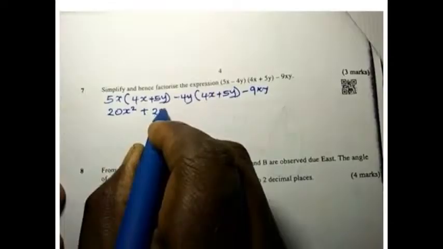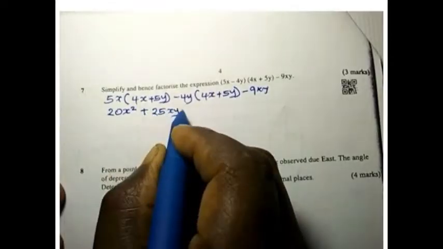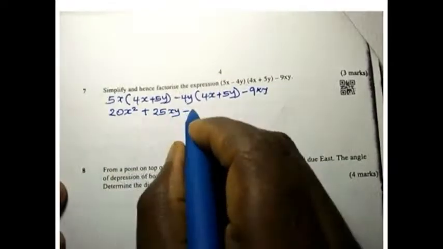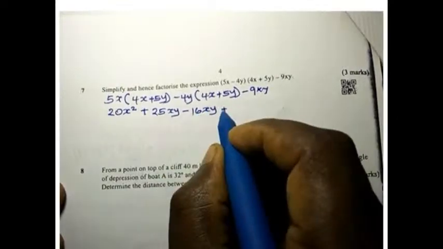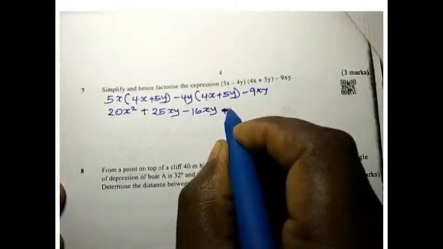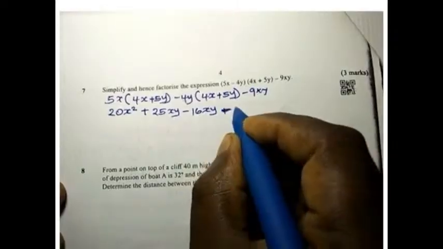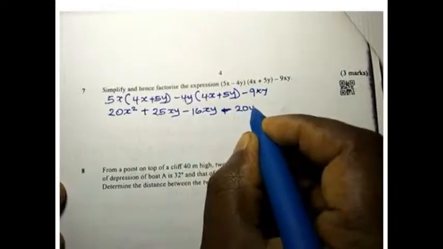So we open this times this, we will get 20x squared plus 25xy, minus this times this is going to be 16xy, and negative 4y times 5y is going to be negative 20y squared, minus 9xy.